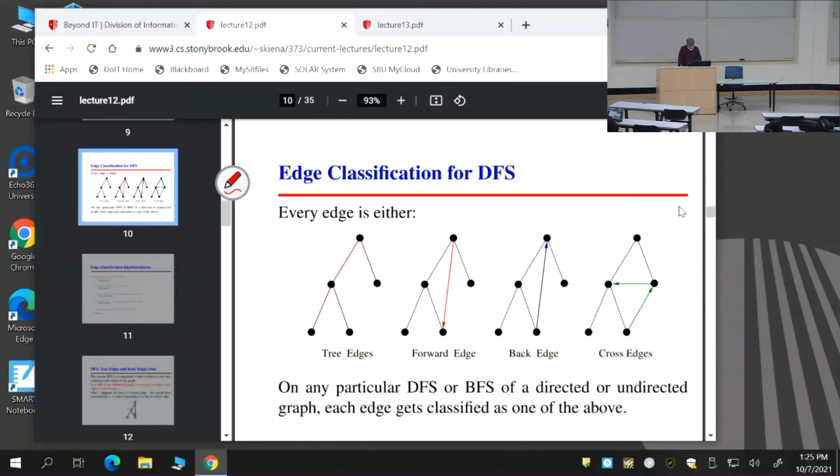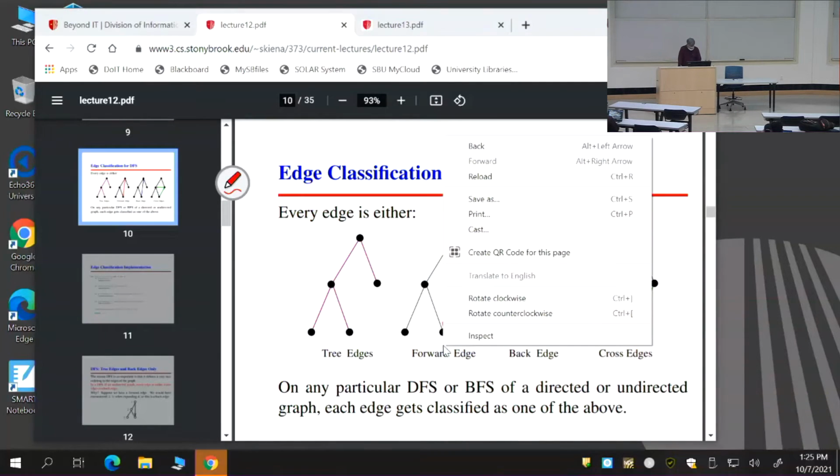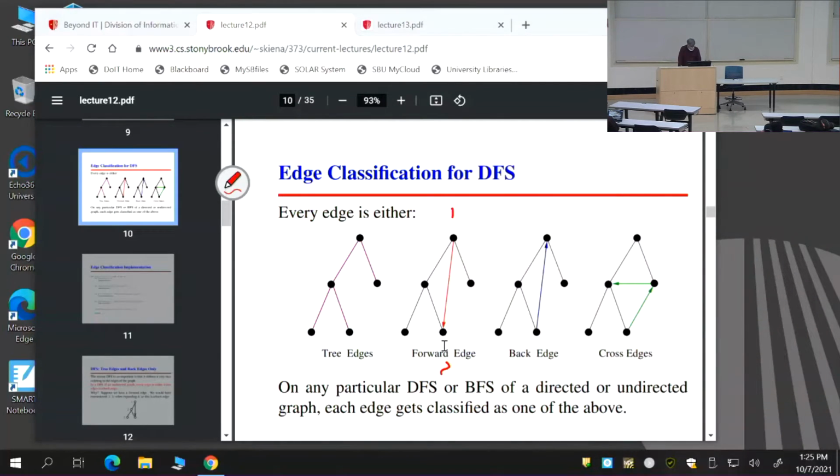If there was an edge from what was my root to something else, if I started doing a DFS, I could have gone bunk, bunk, bunk, and only when I had finished processing this vertex and this vertex and this vertex, then I might get around to seeing that edge. So I could have forward edges in directed graphs. I can have cross edges in directed graphs.